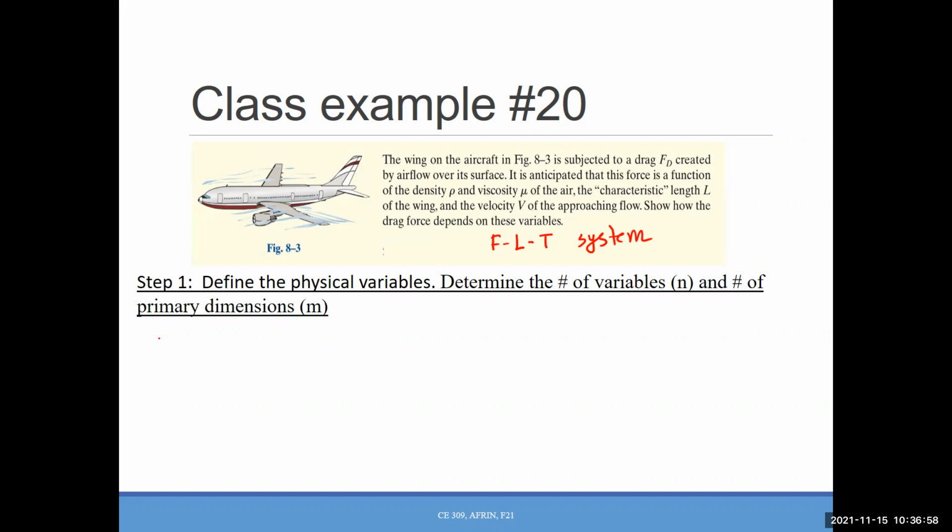The very first one was drag force, FD. Then the density, rho, viscosity, mu, the length of the wing, L, and the velocity, V.